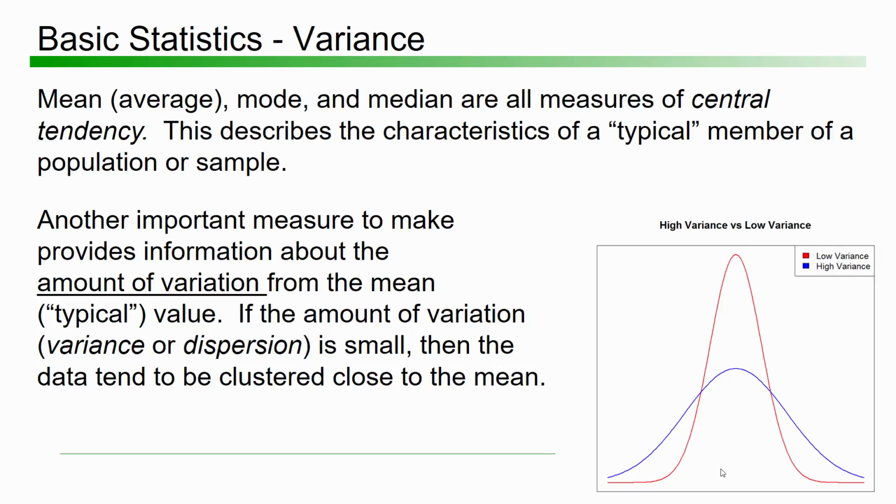You know, there are a handful of people who are getting a little bit less and a handful of people who are getting a little bit more, but it's tightly clustered around the central tendency, and so that means there's low variation. In the case of the blue line, though, you'll notice that there is still a central tendency, but more of the people are further away from the central value. And so that's an illustration of a population that has high variance.